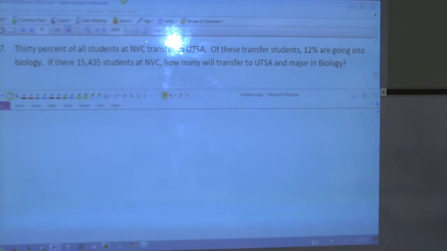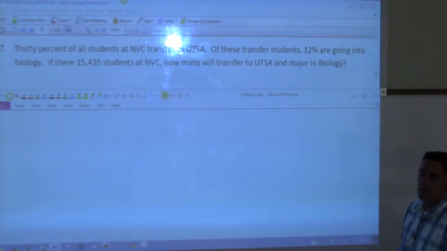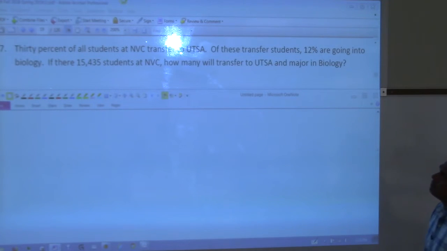Anyone have any idea how we can go about this? Go ahead. 30% times 15,435. Okay. But then we have to change the 30% into a decimal, right?